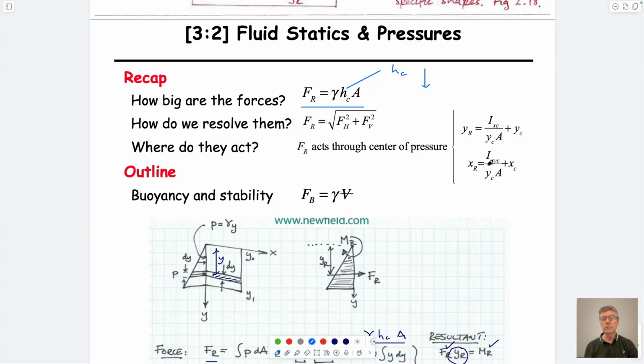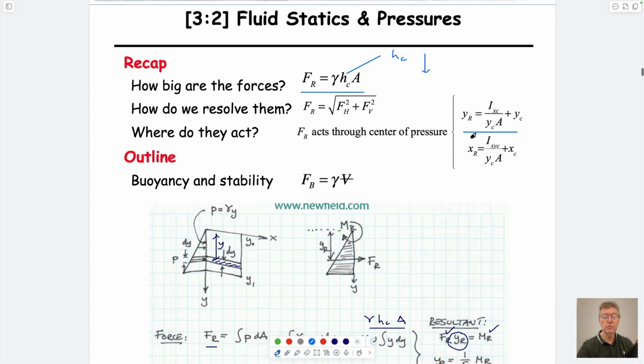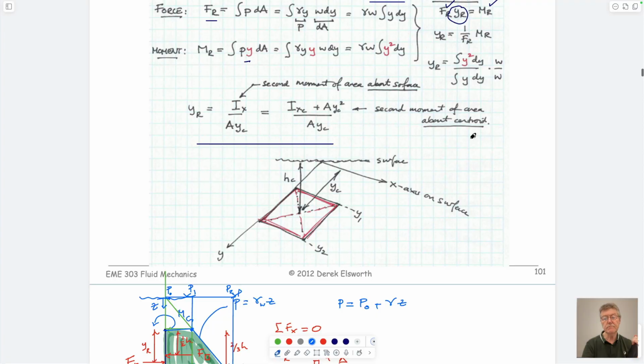And the other thing is that we use the location to that center of pressure. And that is done by drawing a coordinate axis which is in the plane of the plate and intersects the surface, just like we drew here.